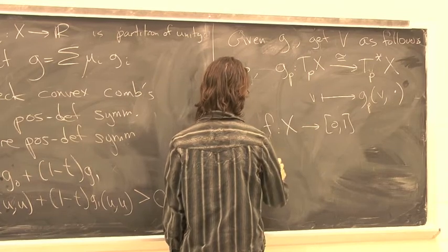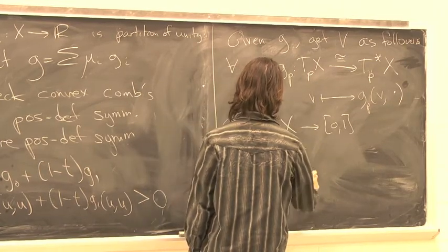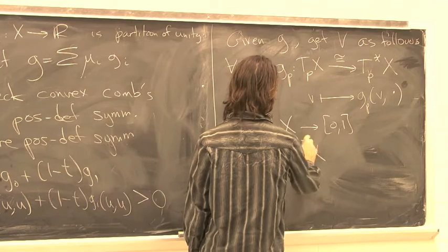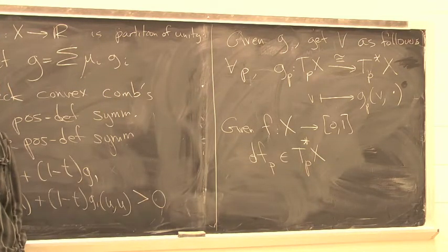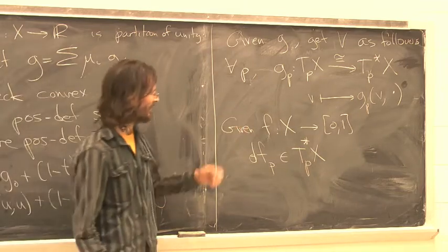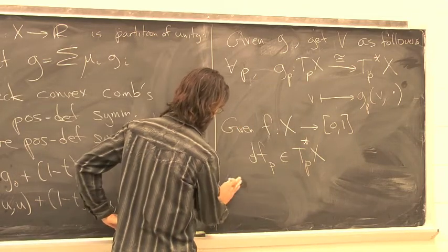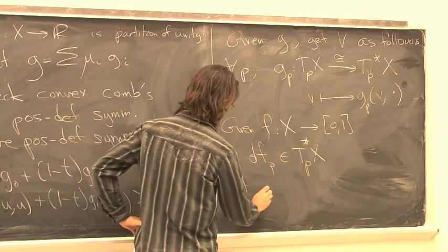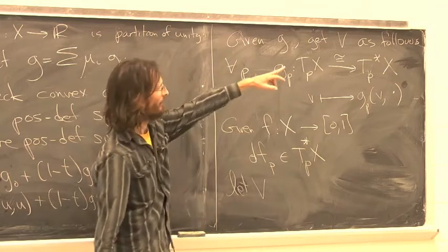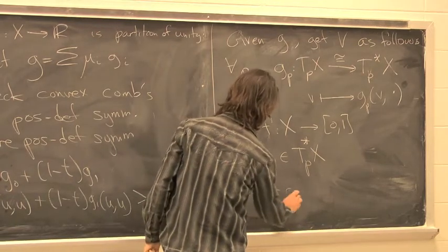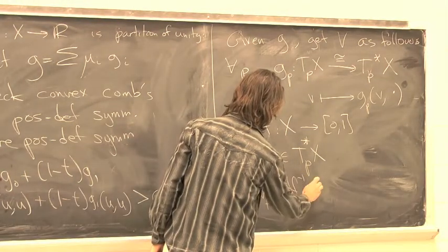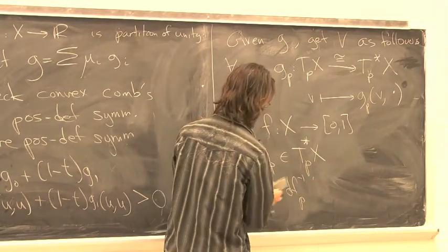Df at a point p is an element of the cotangent bundle of X. Okay, so I get an element of the cotangent bundle, and you take g_p inverse. I'm trying to construct a vector field, so I'll define it at each point, and let v_p equal df at p, g at p inverse.